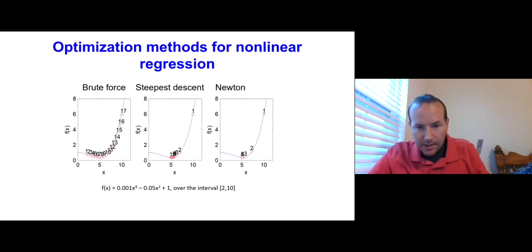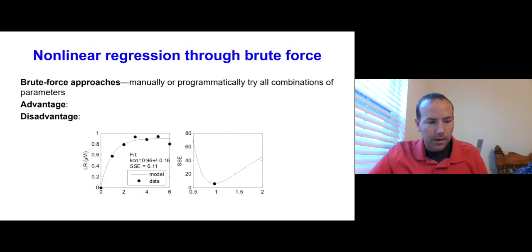The steepest descent is related to the steepest descent optimization algorithm that we looked at a couple weeks ago, in which we look at the gradient of this function and use that to narrow in on the minimum point. And finally, Newton's method uses Newton's optimization method to find the minimum, sometimes even more efficiently than other strategies. So let's take a look more closely at how this would work.